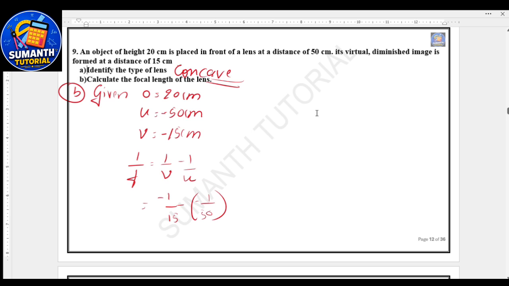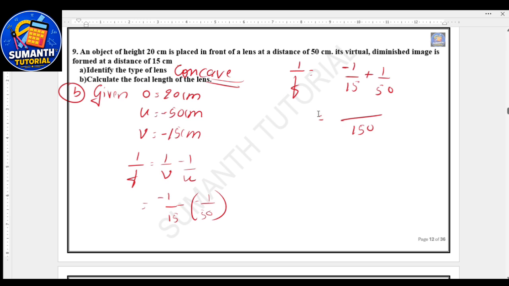Now see here, 1 by F is minus 1 by 15, minus into minus is plus 1 by 50. Now the LCM of 15 and 50 is 150. Obviously we know it very clearly.